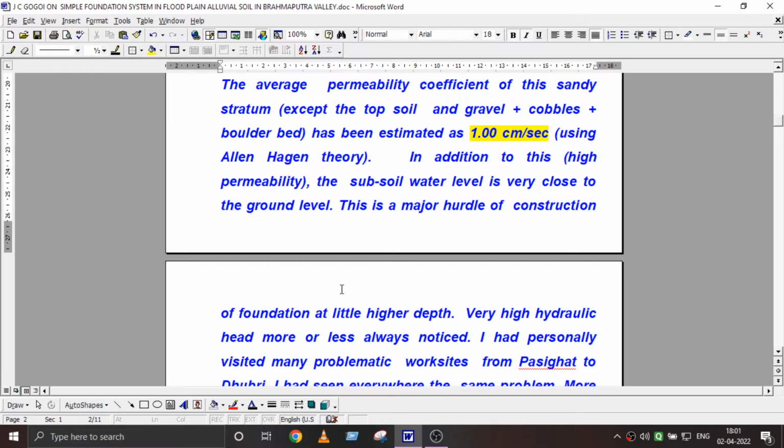We shall be pumping out, so the hydraulic head, the difference between outer level and inner level, will be 2 meter. 2 ton per square meter hydraulic pressure will be acting at the foundation trench bottom.